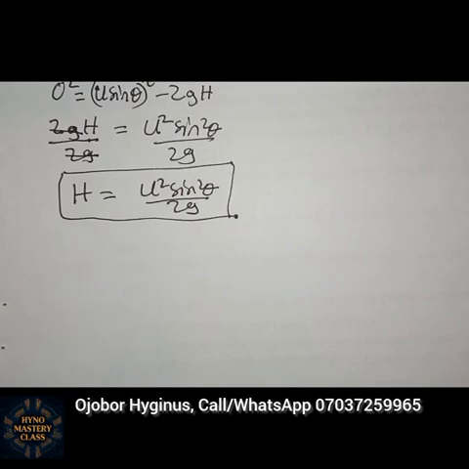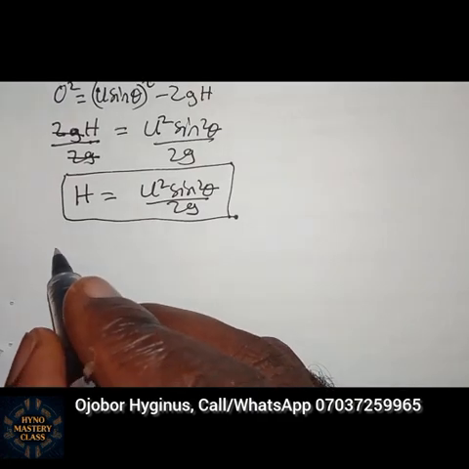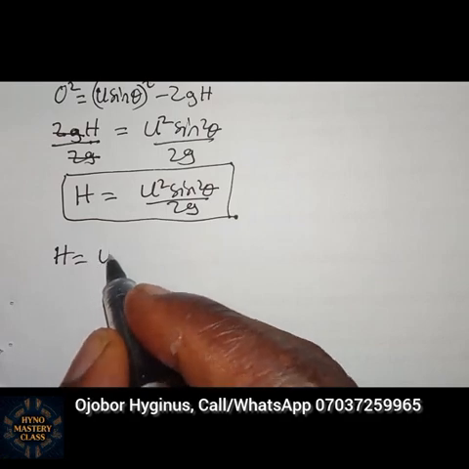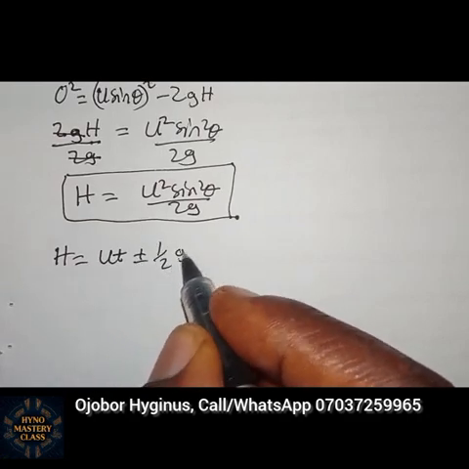Another quantity we determined was the range, which we are going to determine again using the same equation. Let's use equation 2. We use equation 2 that says that h is equal to ut plus or minus half gt squared.